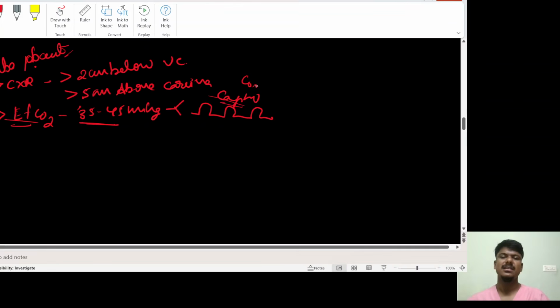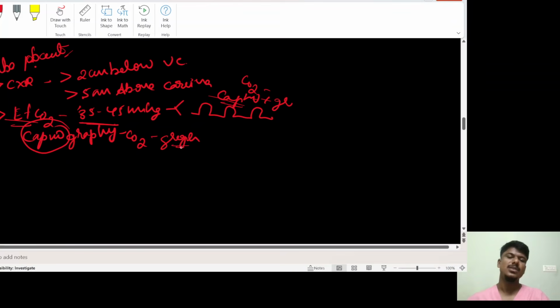Capno means carbon dioxide, and graphy means graph. A CO2 graph. That is the normal graph. If there is an abnormal value, less than 35, it indicates the tube may be placed inside the stomach. And next, what will you do?